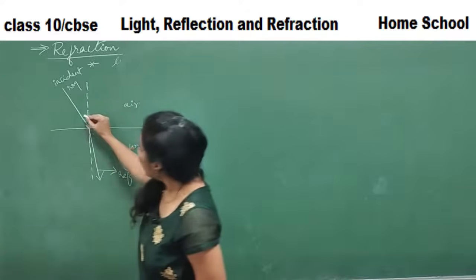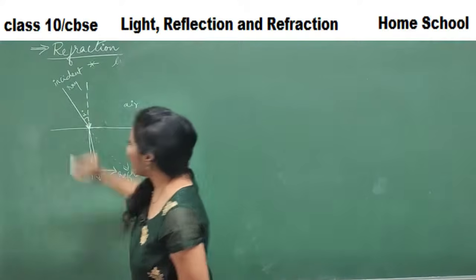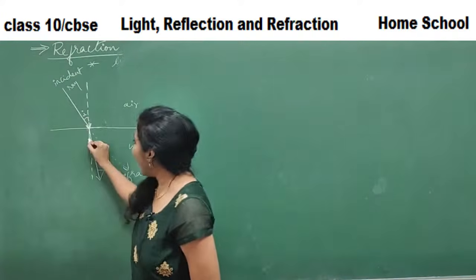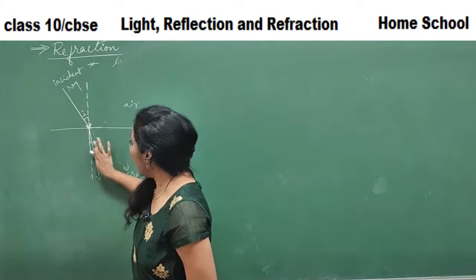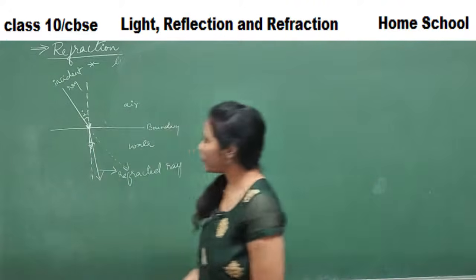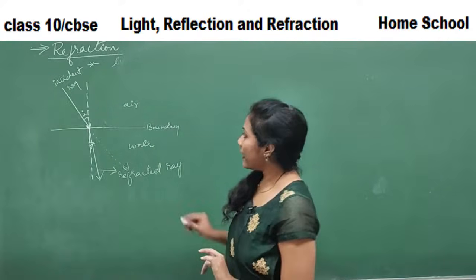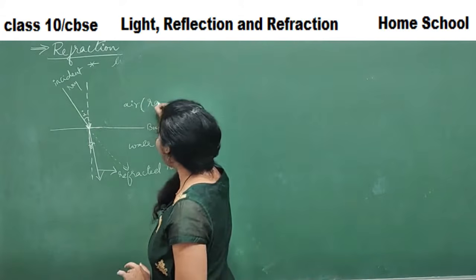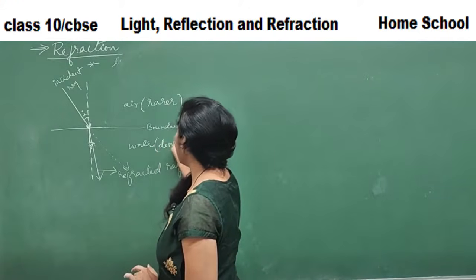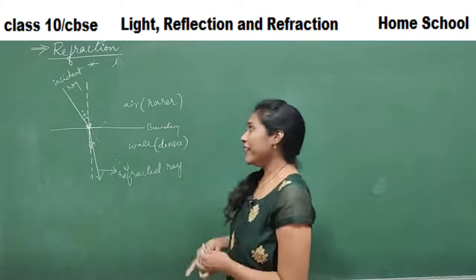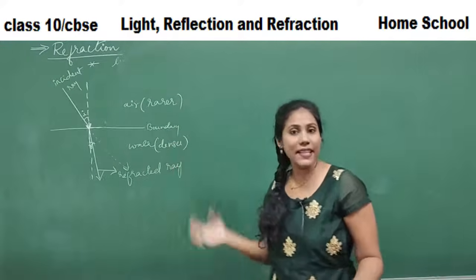Okay, and there is an angle between the incident ray and the normal that we call the angle of incidence, and the angle between the normal and the refracted ray is called the angle of refraction. This much you should know. And one more important thing: here air is called rarer medium and water is called denser medium. So when do you call some medium rarer and when do you call a certain medium denser?